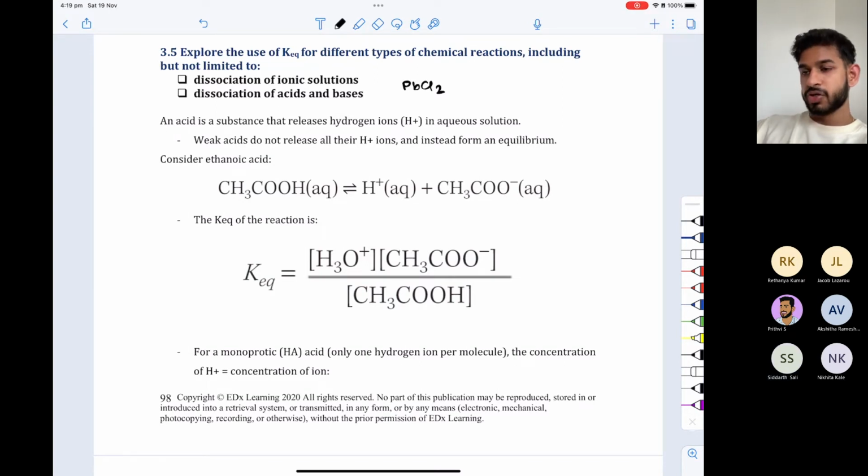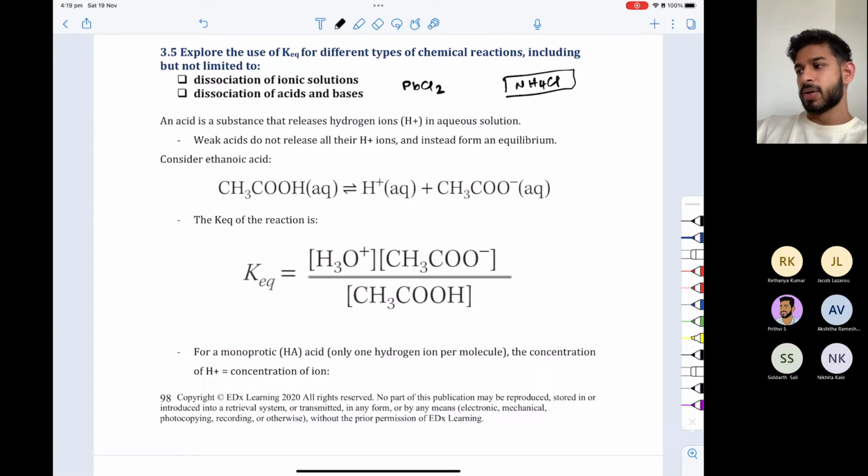Very good. Usually it's a metal and a non-metal, but Sid's actually right. Sometimes, for example NH4Cl, Sid, is there a metal here? Ammonium. Is ammonium a metal, Sid? Not a metal. Good.